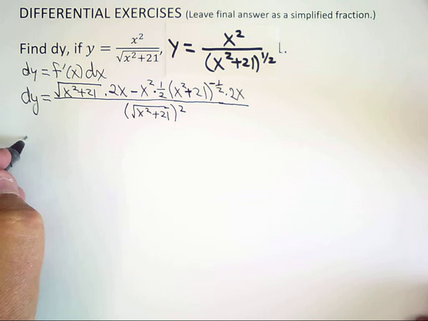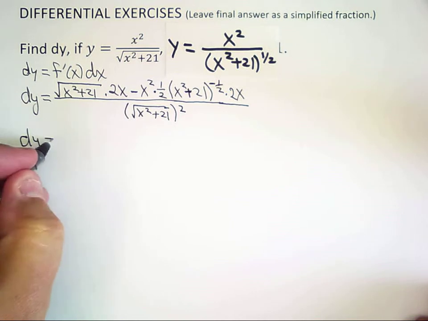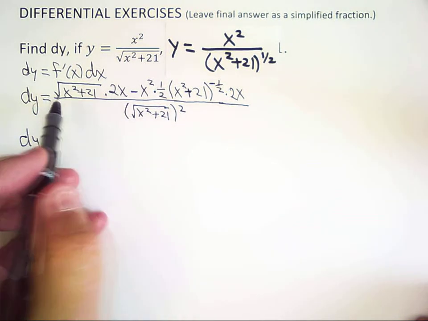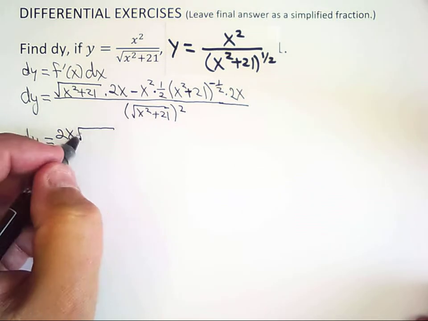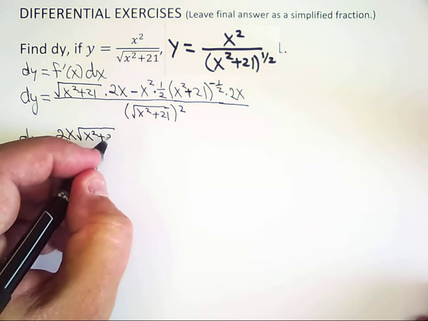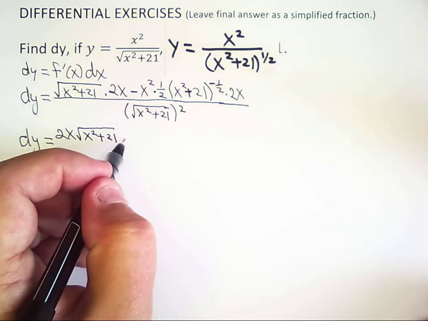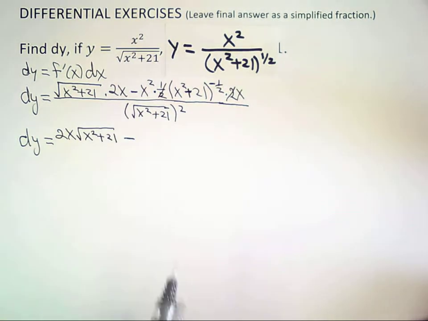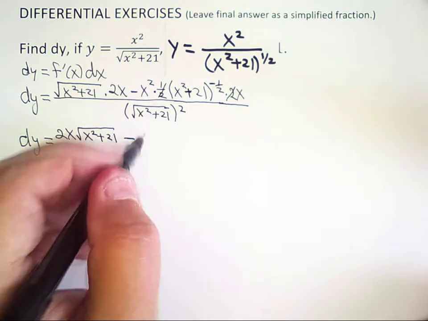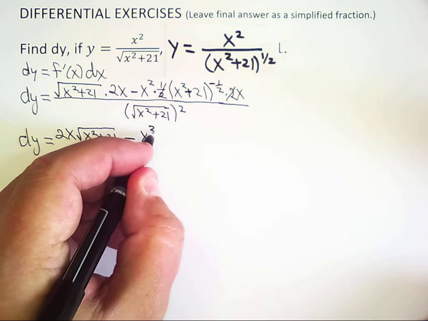Now it's a matter of simplifying a little so you can deal with it better. I'm going to put the 2x to the left side, so I've got 2x times the square root of x squared plus 21 minus the 2 times the 1/2 just gives you 1, and the x times x squared gives you x cubed.